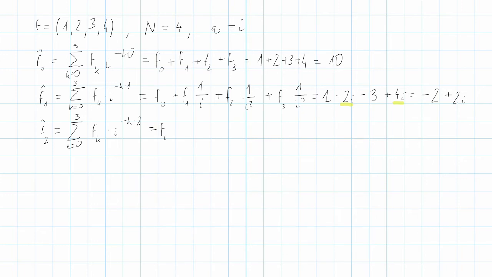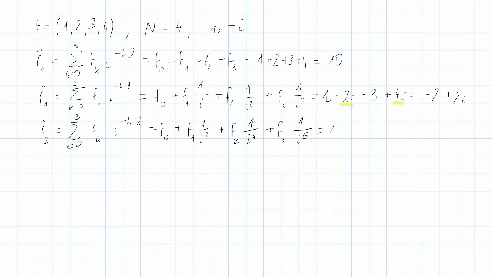Again, just f0 plus f1 times 1 over i square plus f2 times 1 over i to the 4th power plus f3 times 1 over the 6th power of i.